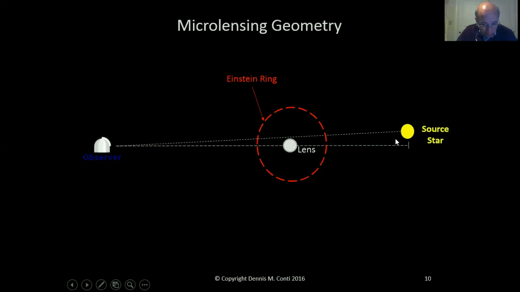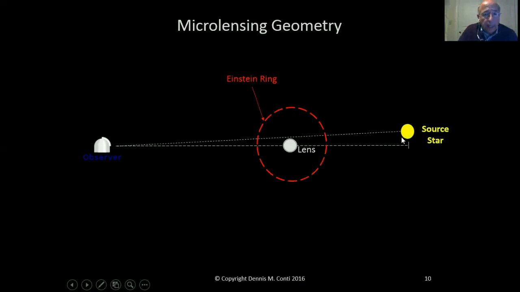And let's suppose that in this example, the source star is not quite directly in line between us and the lens. So let's say it's offset a little bit, which is generally the more typical case.